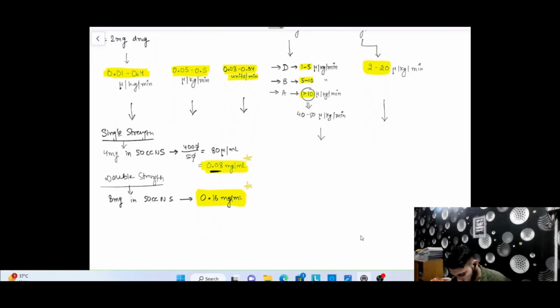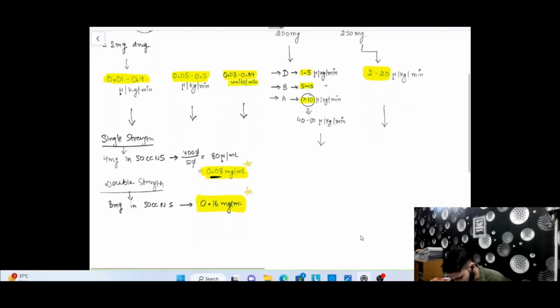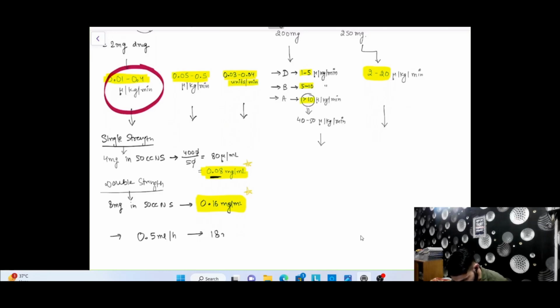Now, what should be the rate? That is an important question. Based on the formula, 0.01 to 0.04 microgram per kg per minute, we should ideally start a single strength NORAD at a rate of 0.5 ml per hour, and we can go up to 18 ml per hour, max to max 20 ml per hour.